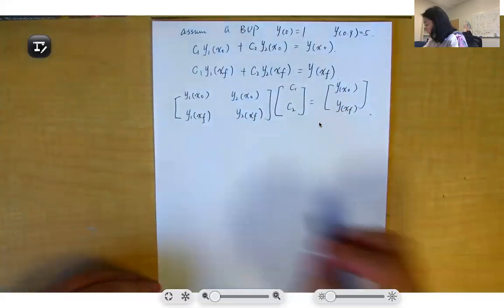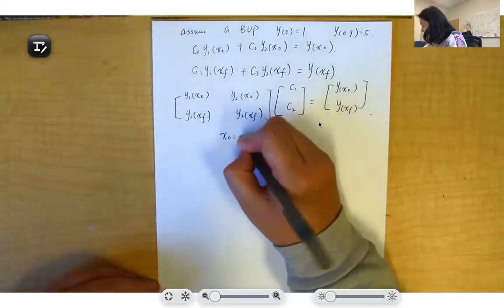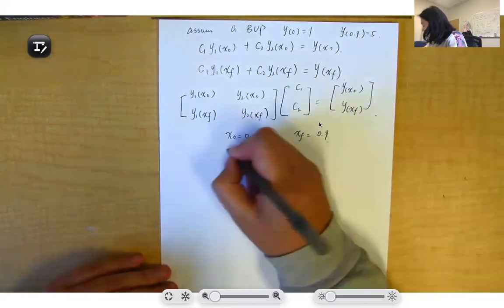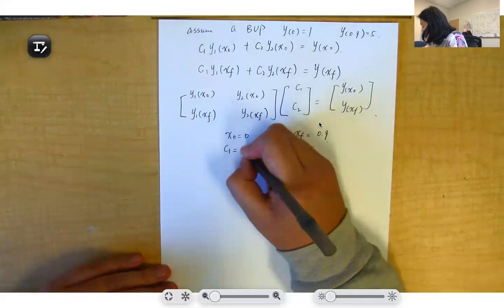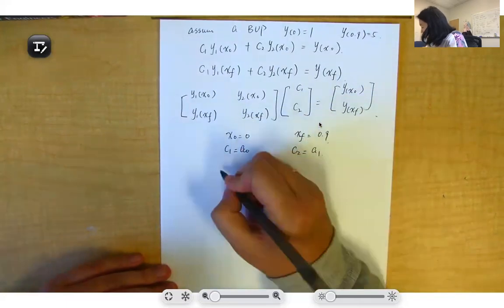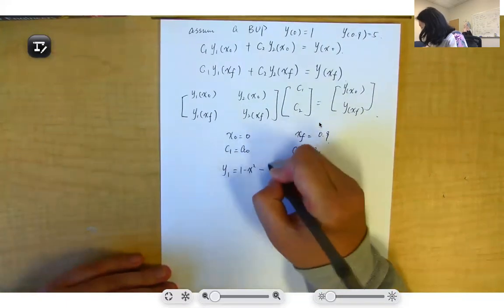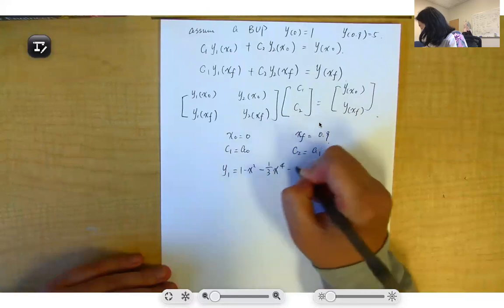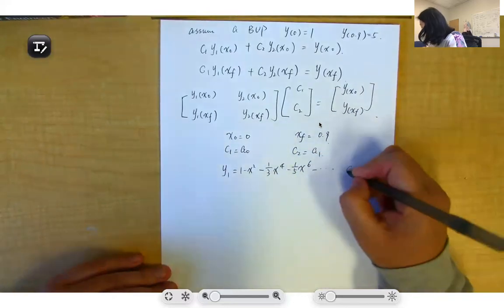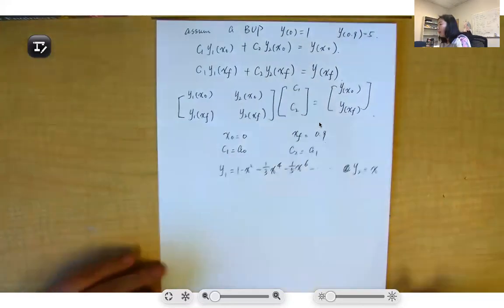Based on this solution format, x naught should equal 0, x final should equal 0.9. Your c1 equals a naught, c2 equals a1, y1 equals 1 minus x squared minus 1 over 3 x fourth minus 1 over 5 x6 minus dot dot dot. You see y2 equals x.